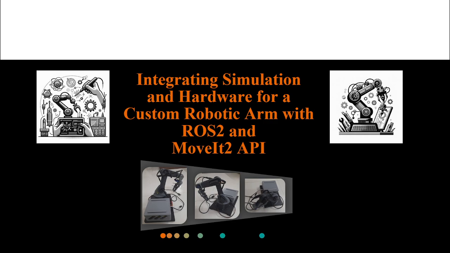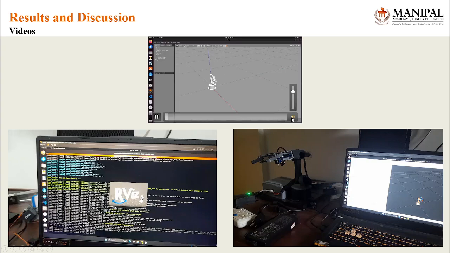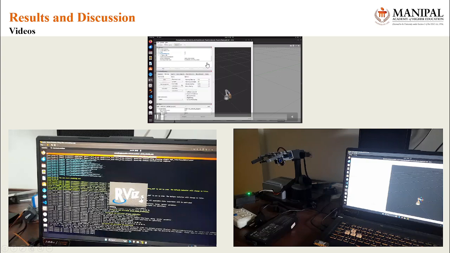Okay, now let's see the end result of what you are going to achieve by going through this playlist that I'm going to create from today onwards. One is simulation, as in you can see a robotic arm that is deployed in a simulation environment called Gazebo, and you can control it with the MoveIt2 API.